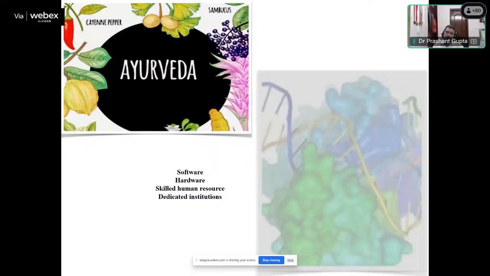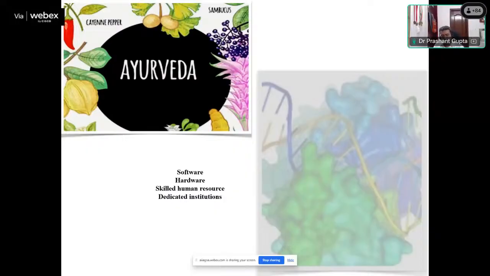So for Ayurveda, if we are willing to do computational work, what do we actually need? We need four things as of now: software, hardware, skilled human resources, and the fourth is dedicated institutions. Software means a software which can utilize our phytoconstituents and our basic fundamental approaches.